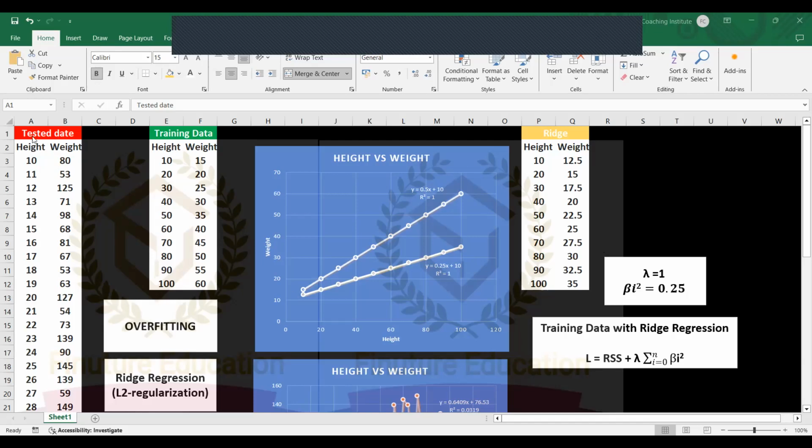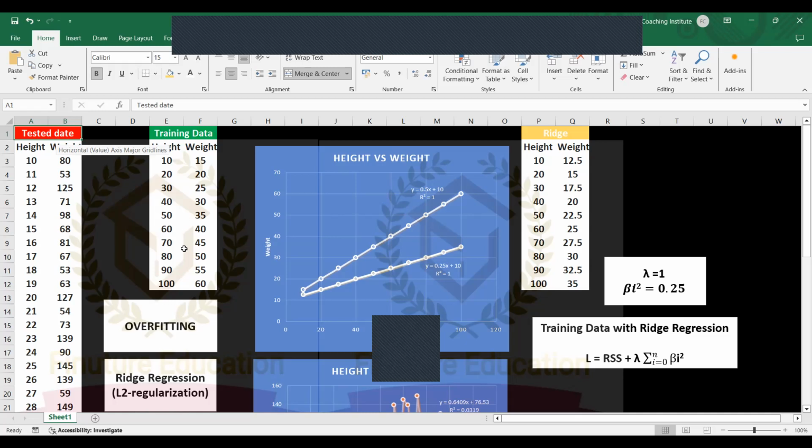So the column AB is the input data, the training data. I think the header is incorrect. Let me just correct it. So I think no, it's correct.